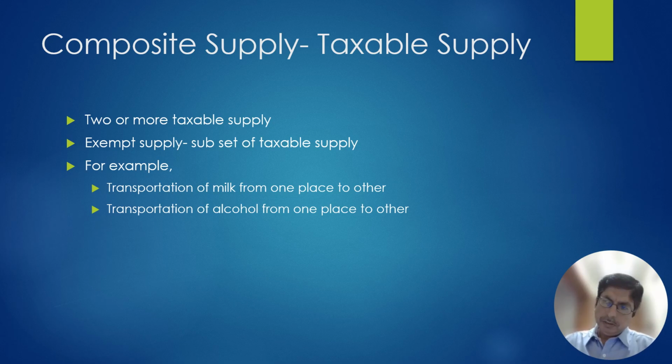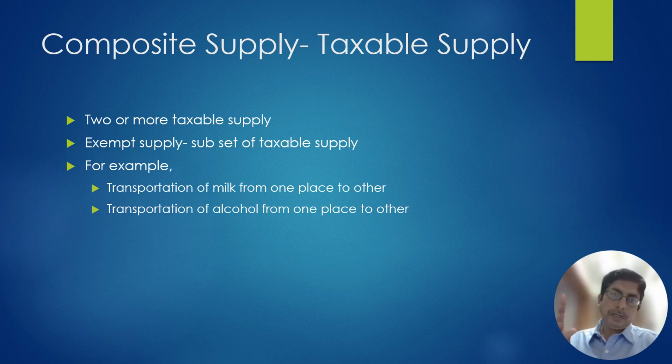Non-taxable supply means there is no levy under Section 9 of the CGST Act, that is alcohol for human consumption, natural gas, petroleum, etc. So if there is a transportation of milk from one place to another and milk is chargeable to tax in the GST tariff at zero rate, nil rated, it is exempt. So the transportation will lose its identity and it will be treated as a supply of milk. The whole bundle will be chargeable to tax at nil rate, exempt.